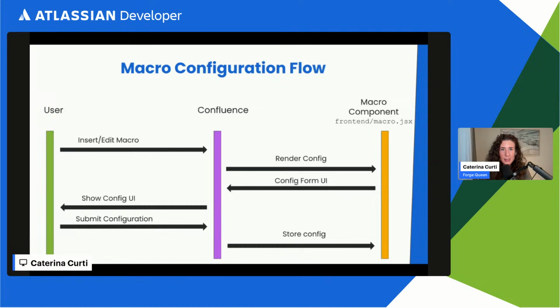So that's the macro.jsx. The config is then returned to Confluence, which is then displaying it to the user. The user sees the configuration and then submits it, which is then going to be stored in our macro component. So this is how you set up your macro configuration.